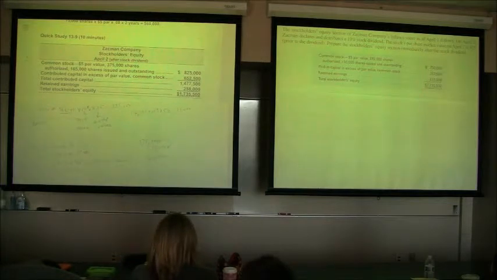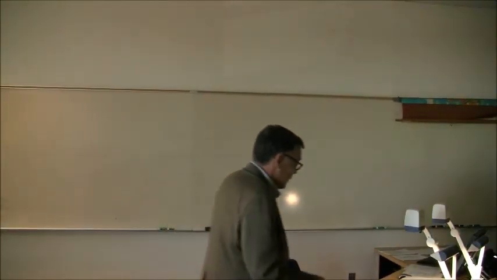All right, you guys doing good? So let's go ahead now. With a large stock dividend, it's essentially the same process, except you just have it at par. So now it's just at par.